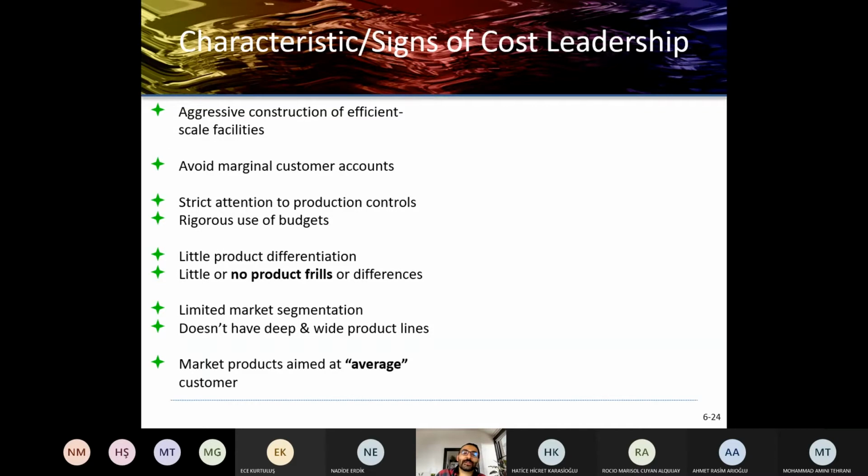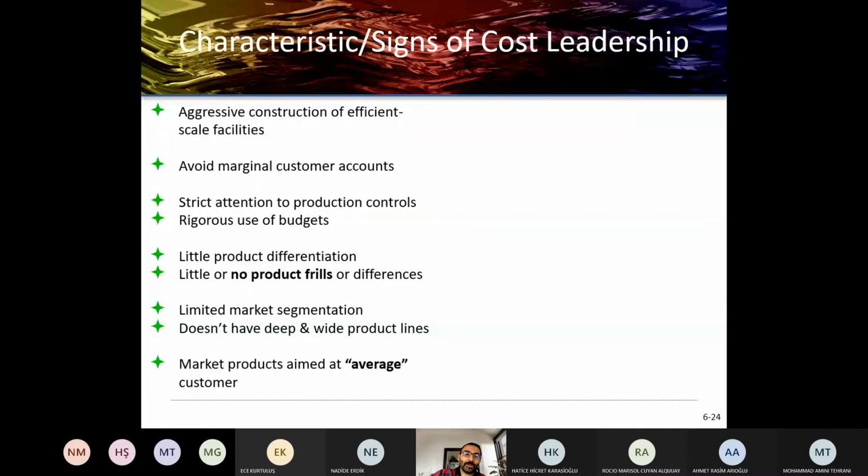And you aim at average customers, not all the customers, or, for example, some specific customer groups like rich people, like students, like bureaucrats, right? You focus on the average one, everyone. Who will buy Coca-Cola, right? Everyone drinks it, average people.